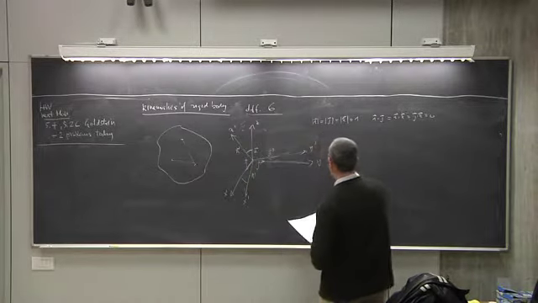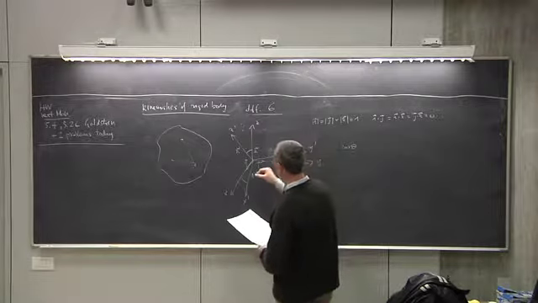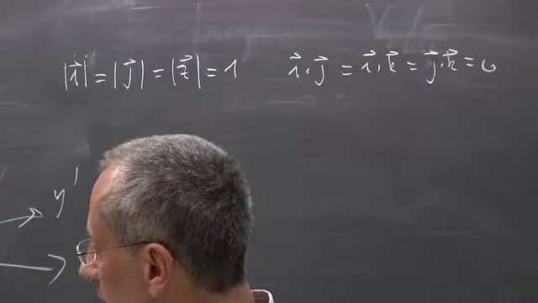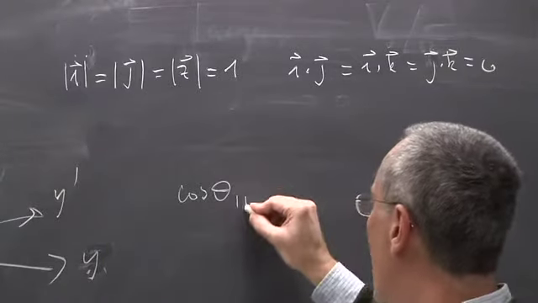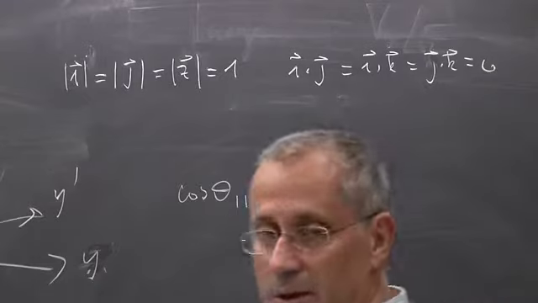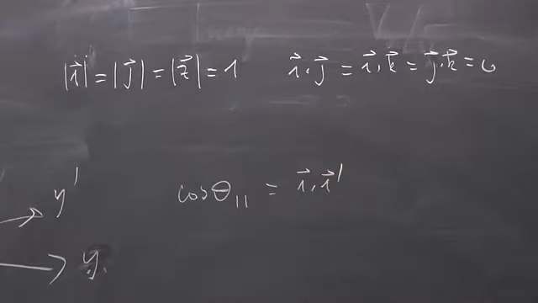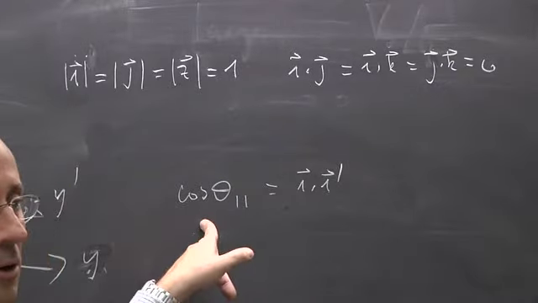And so you see that you are defining angles. For instance, you define this angle here between, so let's call it cosine 1, 1. This is defined by this, right? You take the scalar product of these two. Because their norms are equal to 1, this is exactly the cosine of this angle.